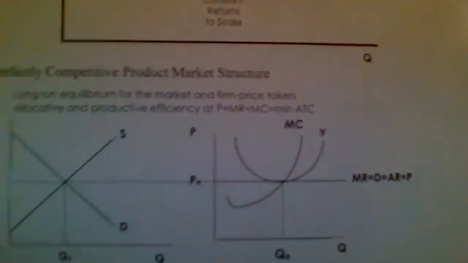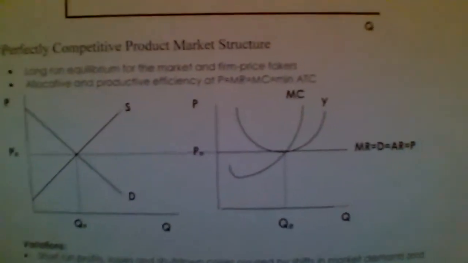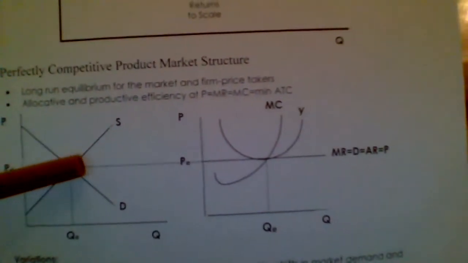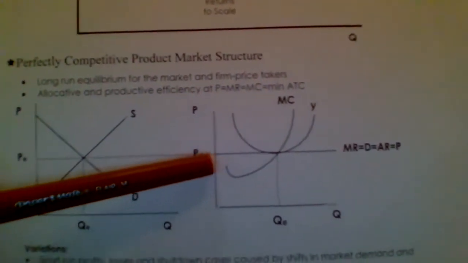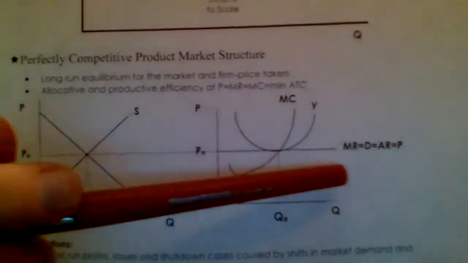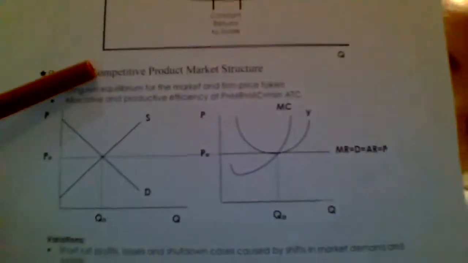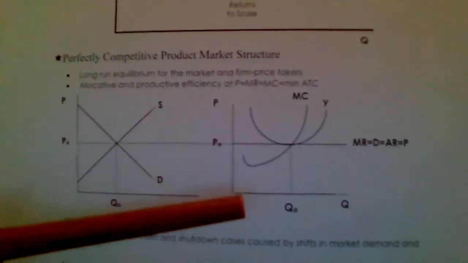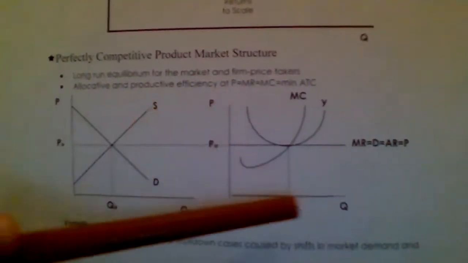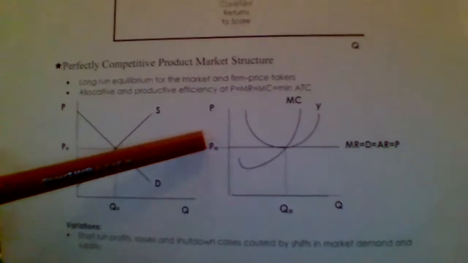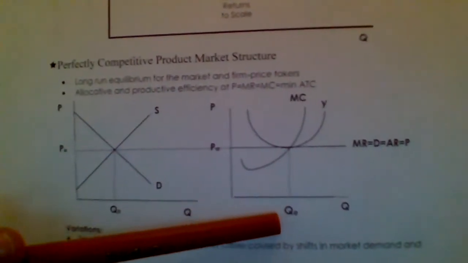They take the market price. So whatever the market sets as the price right here will drag across and become the perfectly elastic demand right there. Straight line, Mr. DARP. MR equals D equals AR equals P. Mr. DARP. Again, with our axes P and Q, and price at equilibrium and quantity at equilibrium.